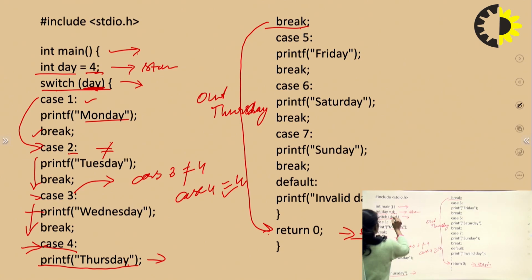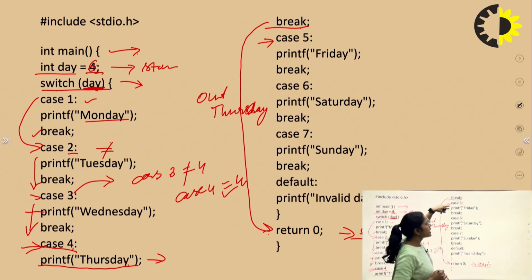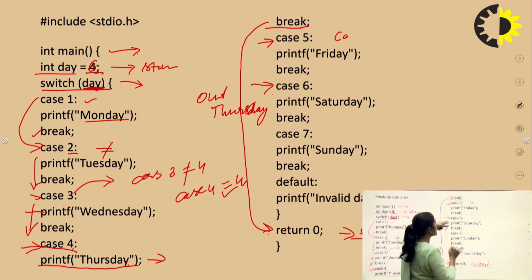Let's say here we are inputting 6. So again we compare case 4 against the expression. It is not matching, then we go to the next case of the program. Case 5 is compared with the given expression 6. Again it is not matching, then we go to the next case.